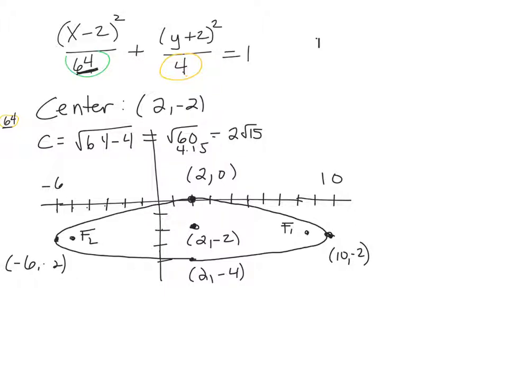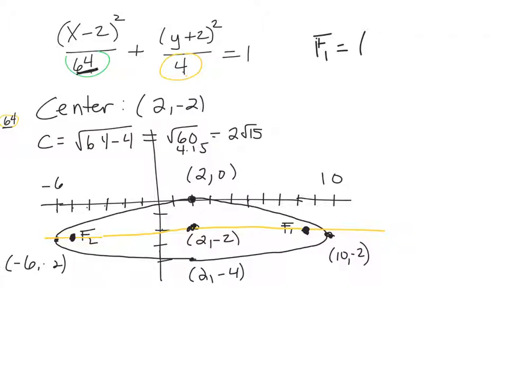So I'll make this a little smaller so I have some room. F1. I'm moving along that major axis, which is the horizontal axis, because it's opening horizontally. What's changing is from the center I'm going plus c, and I'm also going from the center minus c.